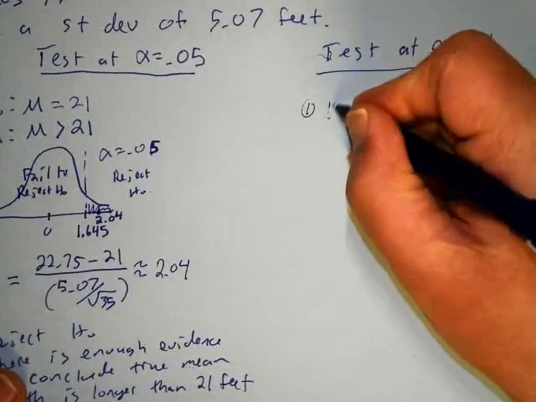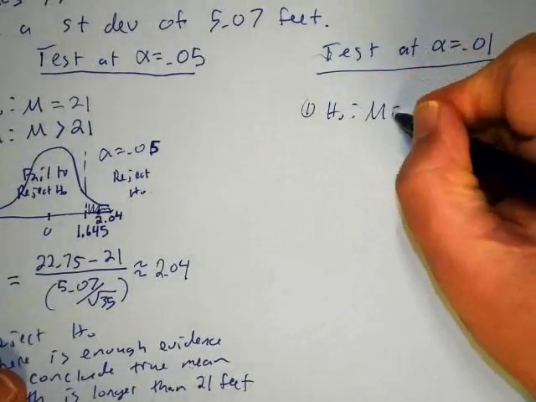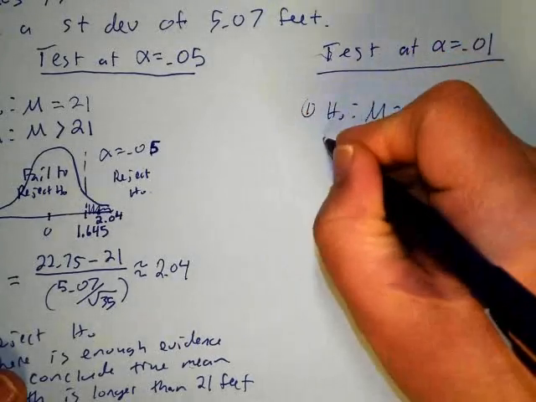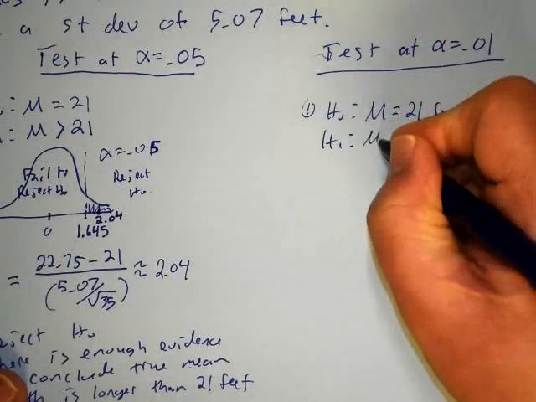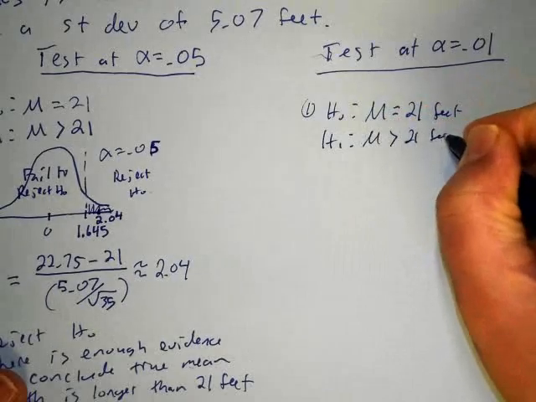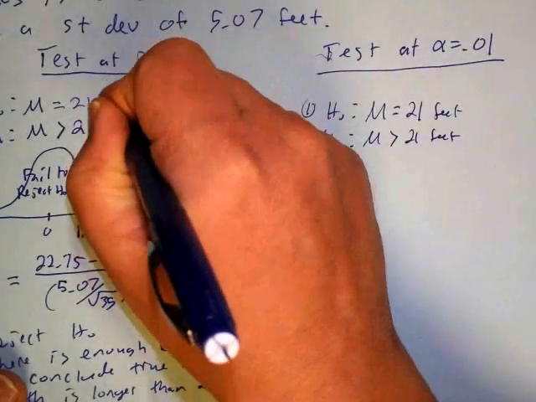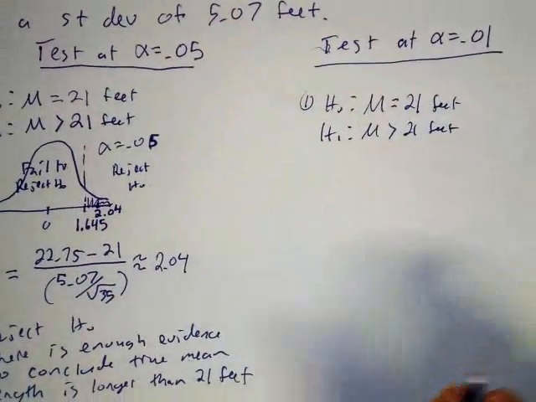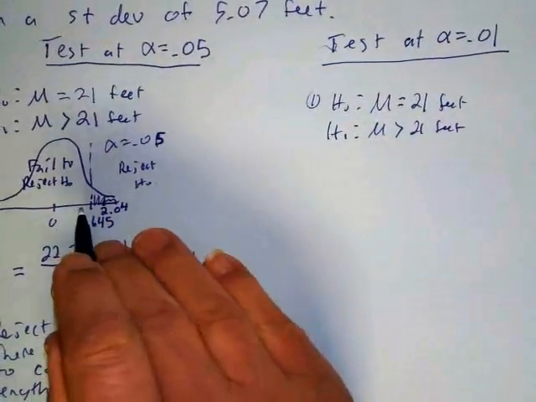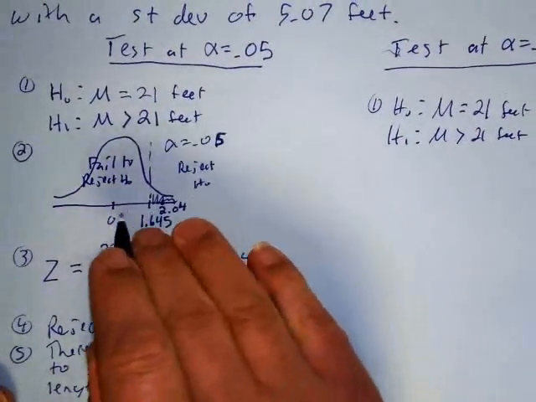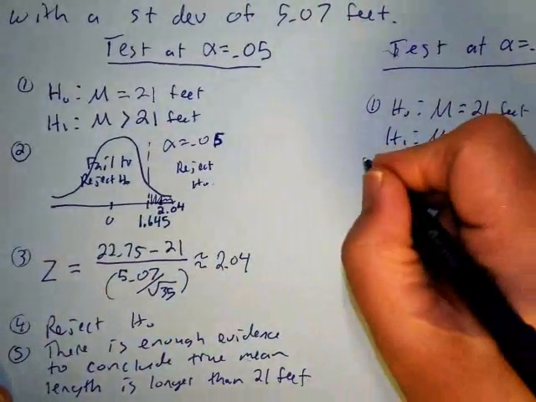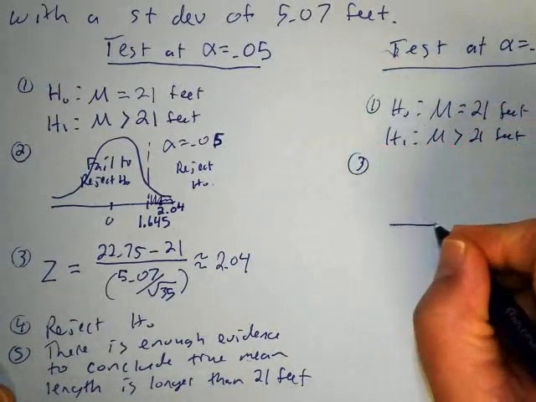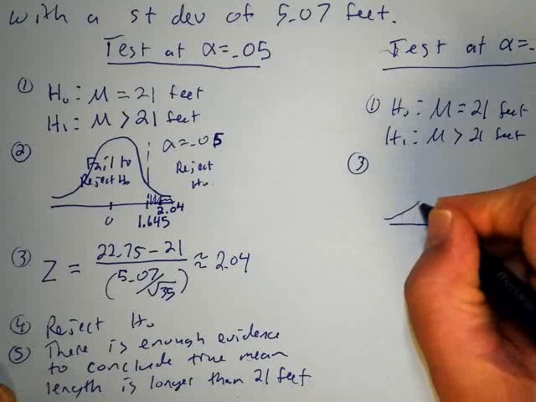We're still going to assume that the true mean is equal to 21 feet, and I want to check to see if it's greater than 21 feet. So this doesn't change. The main thing that changes is the critical value, or the rejection region. The critical z value is going to change, isn't it?